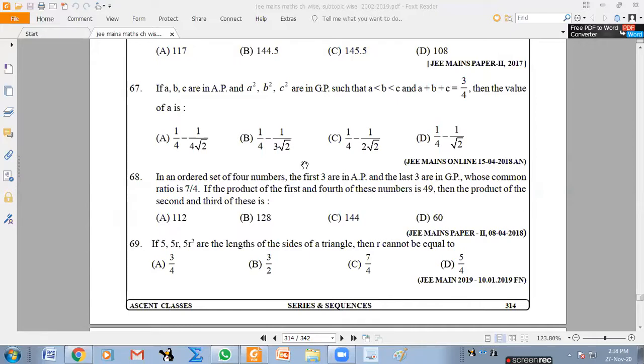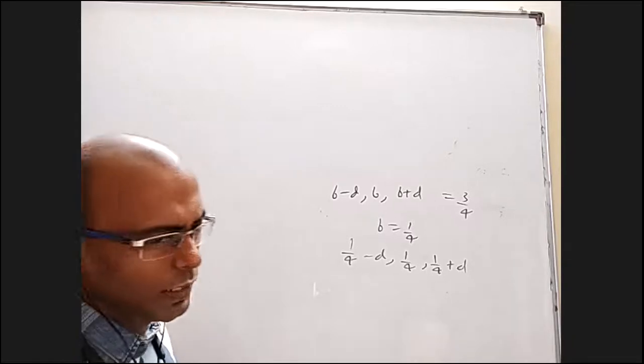I will simply take them as 1 by, because the sum of the three terms is 3 by 4. If you take them as B minus D, B and B plus D, these are the numbers which are in AP. If you want their sum to be 3 by 4, B should be 1 by 4, and the terms are 1 by 4 minus D, 1 by 4, 1 by 4 plus D. What you said, more cases, are right.